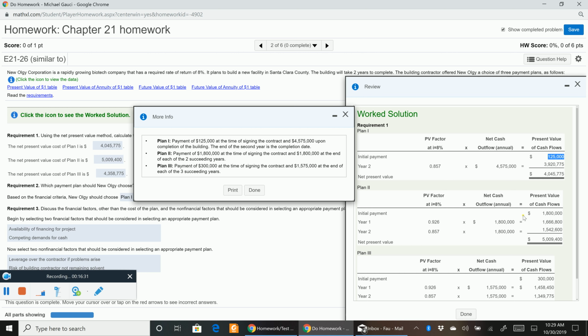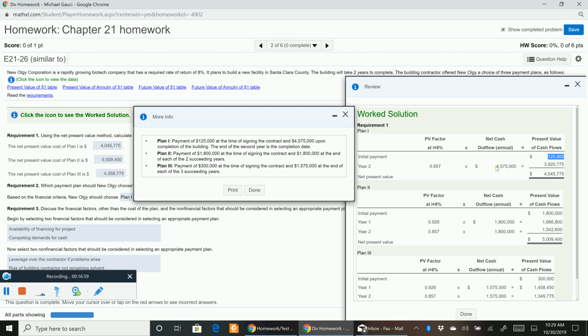And we would be able to pay $4,575,000 at the end of year 2. So to convert this future cash outflow to present value, we would look at Table 2 in the appendix, which is present value of $1. If I go to the 8% column and go to period 2, the factor I see is 0.857.